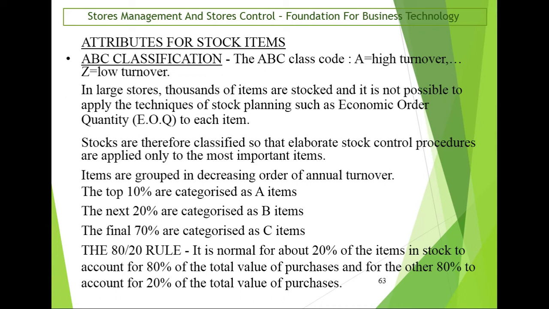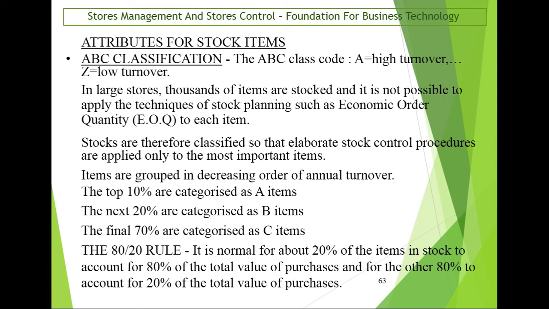So an item with an ABC classification of A would have the highest turnover, and as you go down the alphabet, it's getting lower and lower. So we don't usually go to Z, we just have ABC: high turnover, middle and low turnover items.